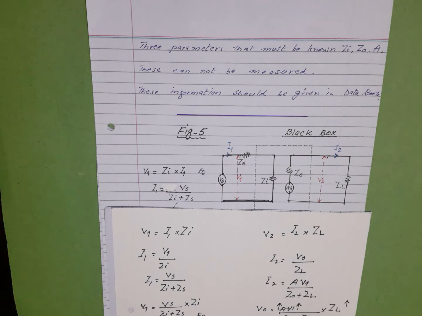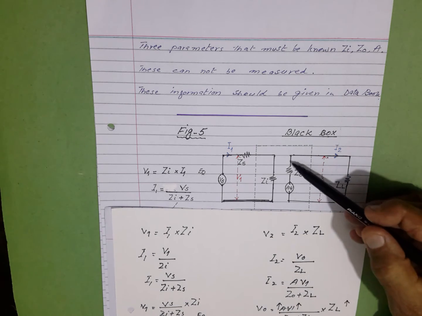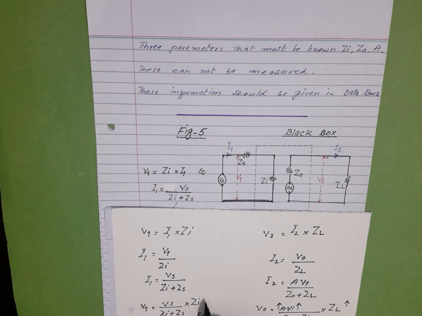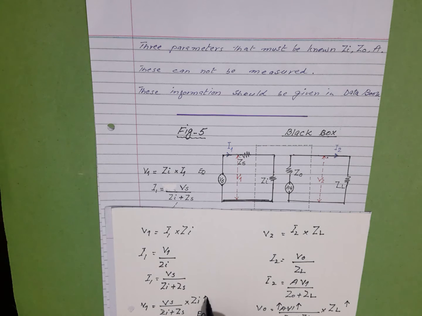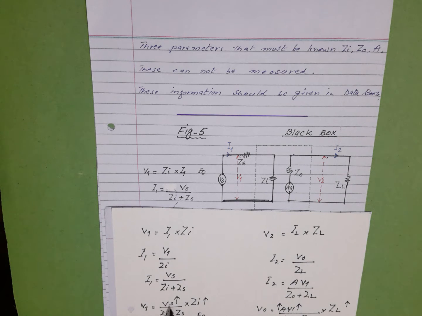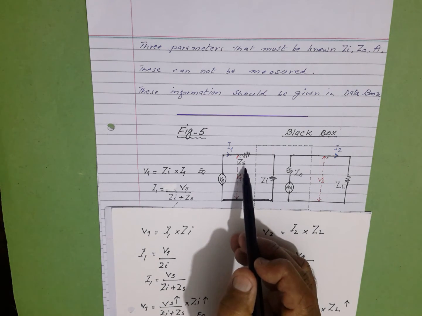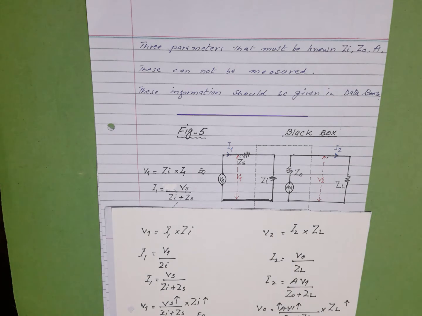Or ZO should be minimum, and if you keep ZO minimum, there will be less voltage drop here, most of the voltage will get to the output. Or use a high value of Zi, or use a high value of Vs. Why? Because V1 is proportional to Vs and Zi, and inversely proportional to Zs. Use a minimum value of Zs. When Zs has a minimum value, it is going to drop less voltage.